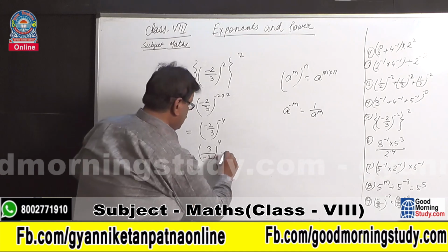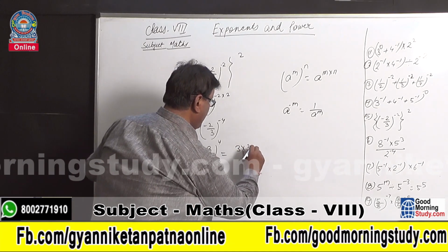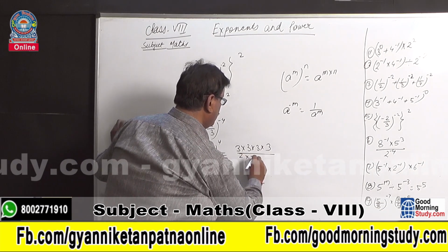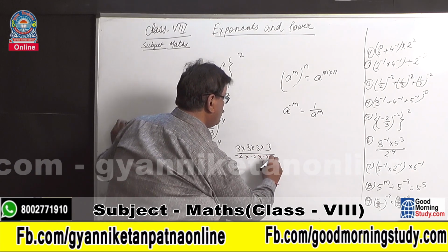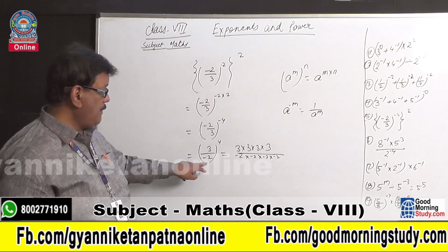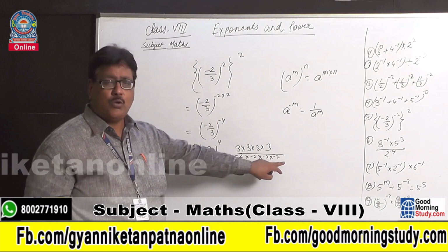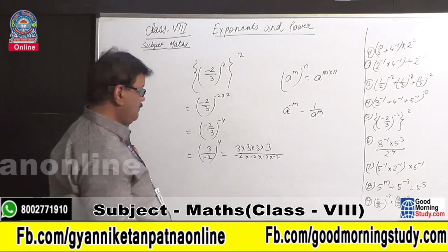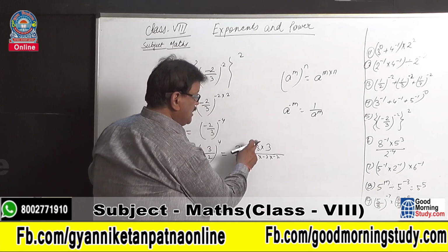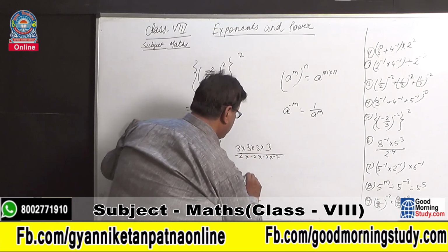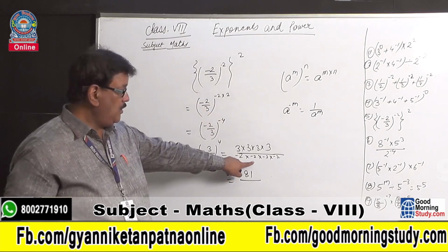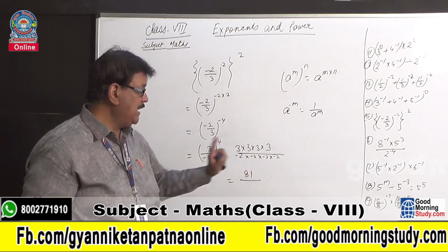Now doing like that, 3 into 3 into 3 into 3 by minus 2 into minus 2 into minus 2 into minus 2. The result will be 3 3s are 9, 9 3s are 27, 27 3s are 81, by 2 2s are 4, 4 2s are 8, 8 2s are 16.